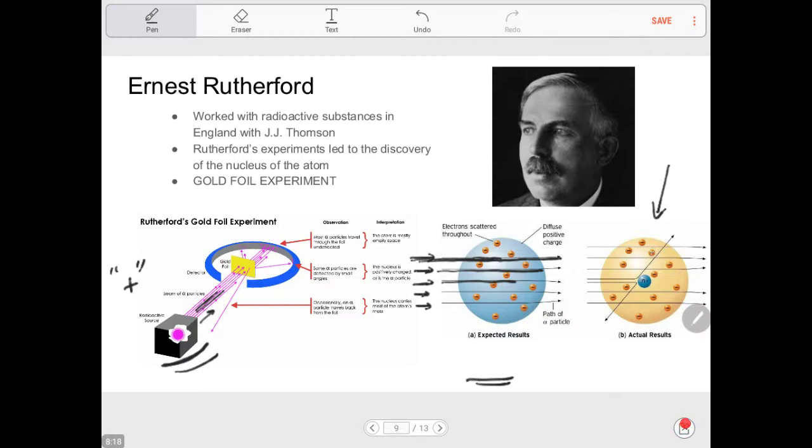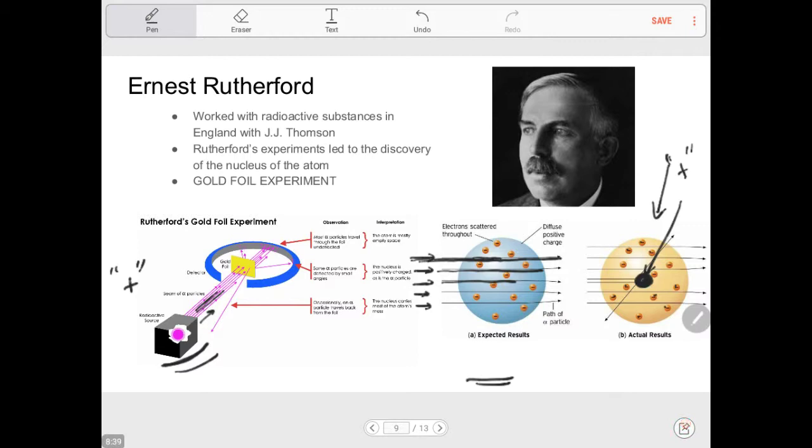And within that sphere, we have multiple negative charges. Those will be your electrons. But in the middle of the atom, we have what's called a nucleus. And here's what this experiment discovered: that in the middle of the atom, within that nucleus, we have a buildup of positive charge.